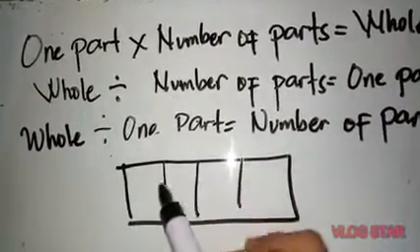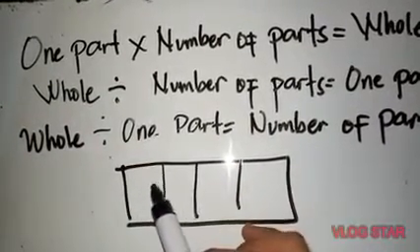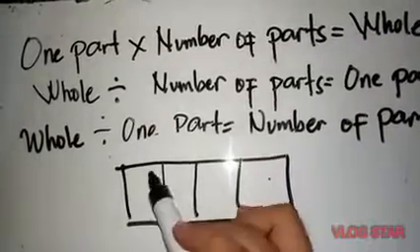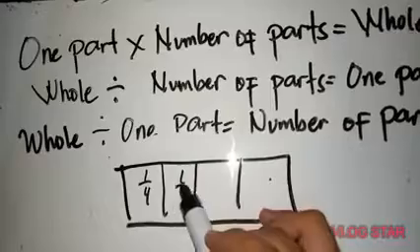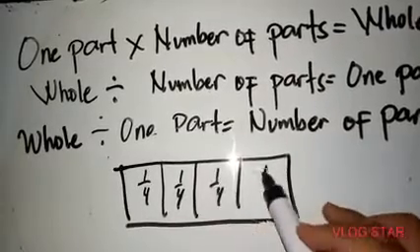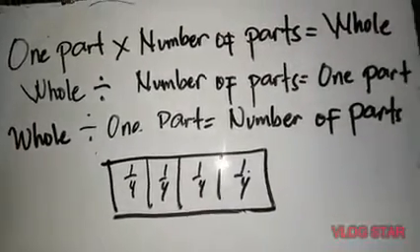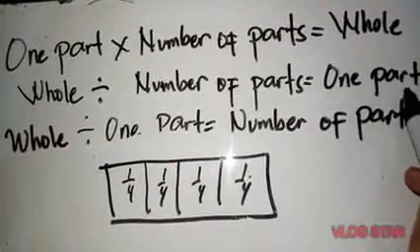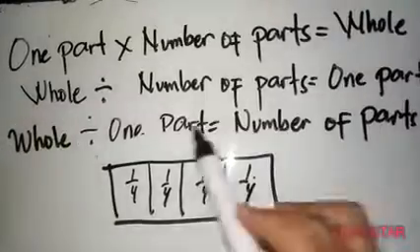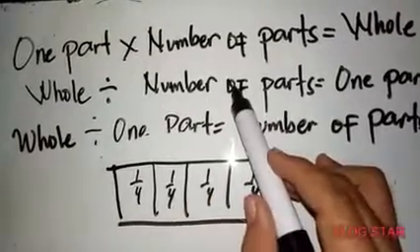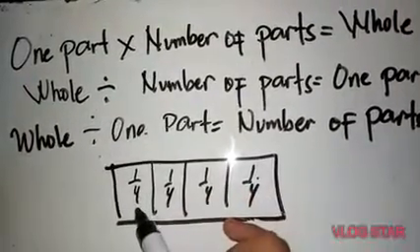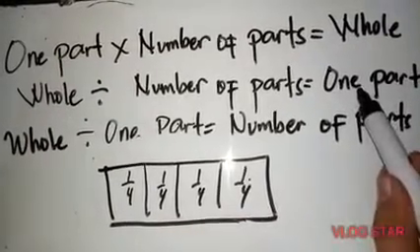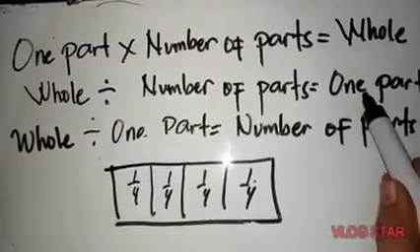So whole divided by the number of parts, which is 1, 2, 3, 4. So since this is 4, it means that 1/4 in every part. So if we have whole and we divide it into 4 parts, the answer is 1/4, and 1/4 is equal to 1 part of the whole.